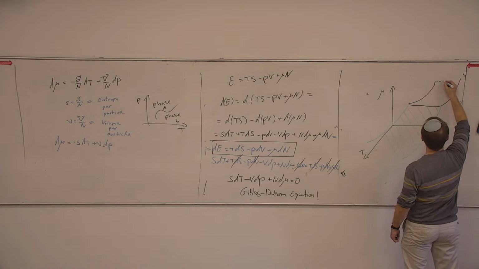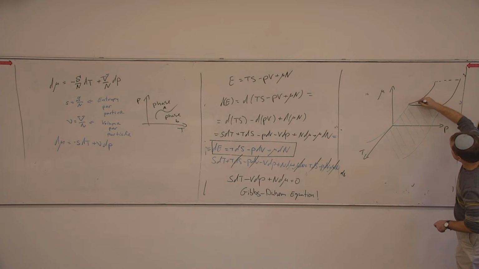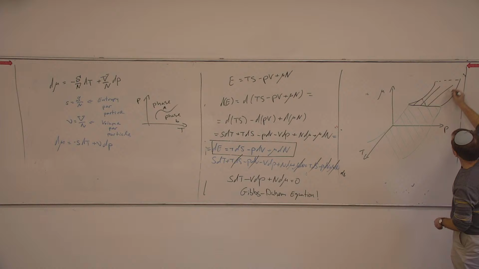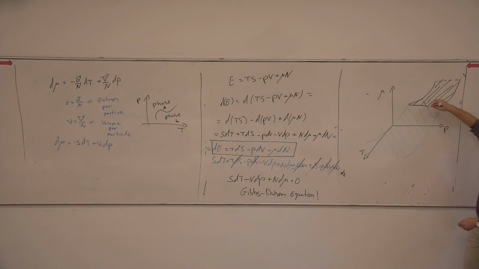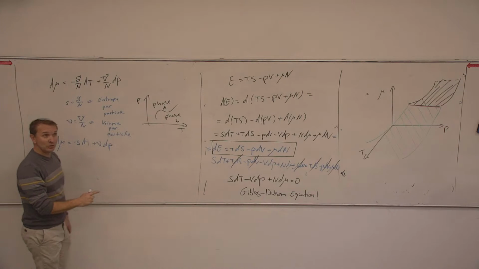But sometimes we can observe specific lines, like this line over here, where mu is a continuous function of T and of P. It has this differential everywhere.